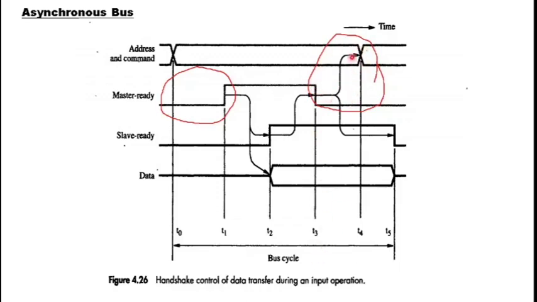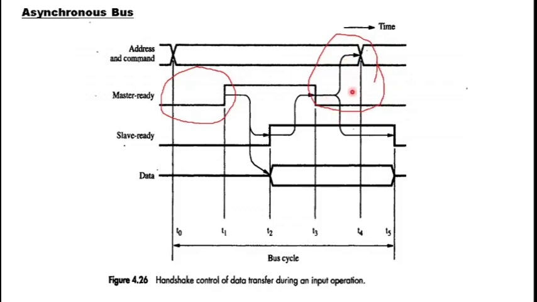If in any slave, address and command information was pulled down much before master ready, the slave will detect a change in address and command information, so it may malfunction. So in every slave it should be ensured that master ready is first pulled down with the current address and command, and only then should the current address and command be changed to new address and command information. That is made sure in this stage.